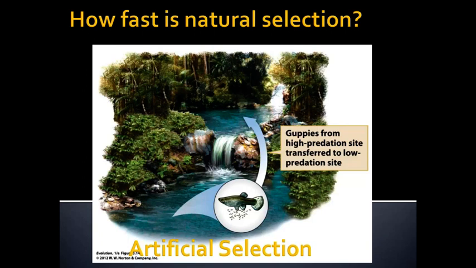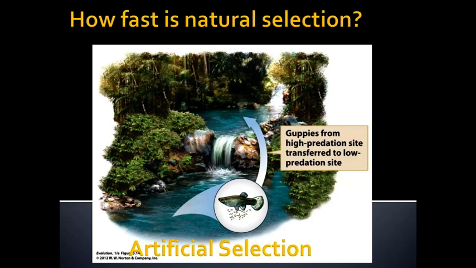And so when the selective force is very, very strong and very constant over time, natural selection can be very fast. So in these guppies, it was actually just a few generations, and they chose guppies because they reproduce very, very rapidly. There are many generations each year. And they were able to see in just a handful of generations a rapid shift towards the new adaptive trait. Okay, so natural selection can be very, very fast.